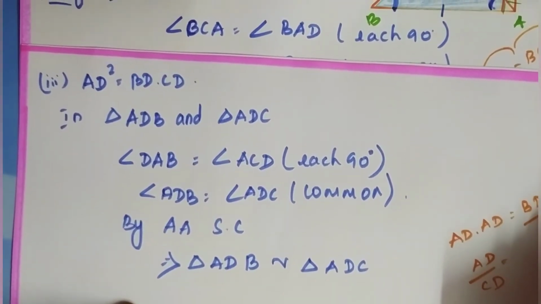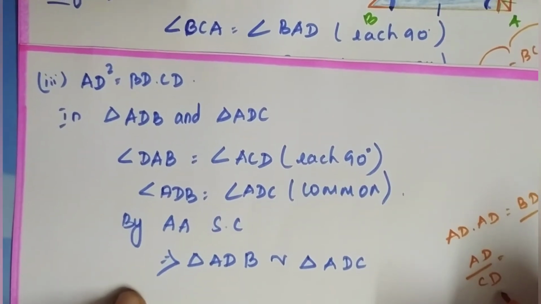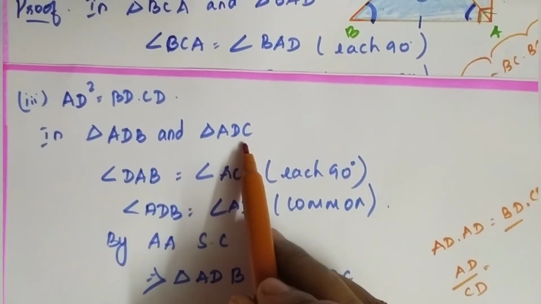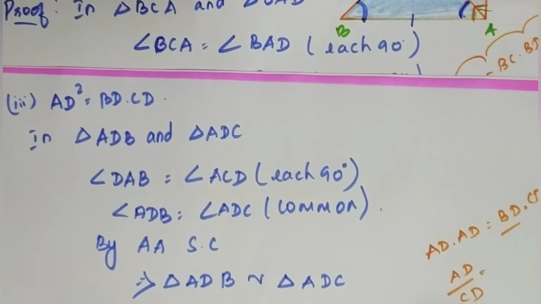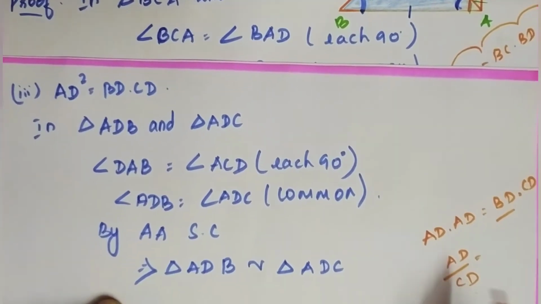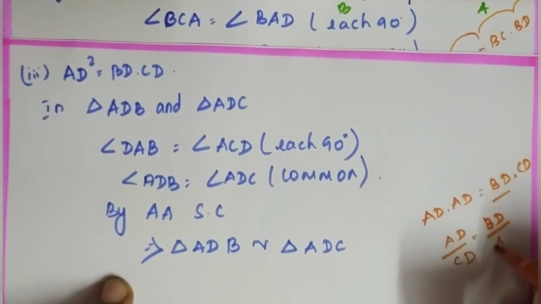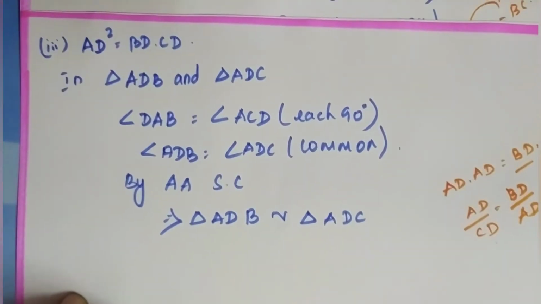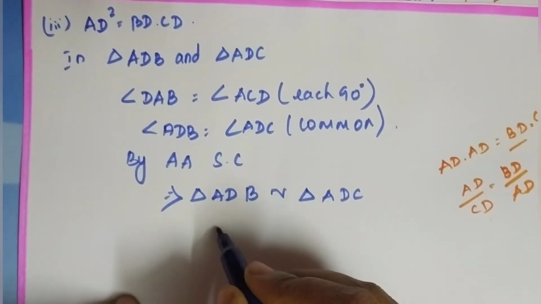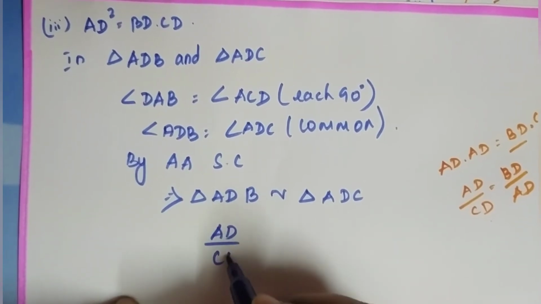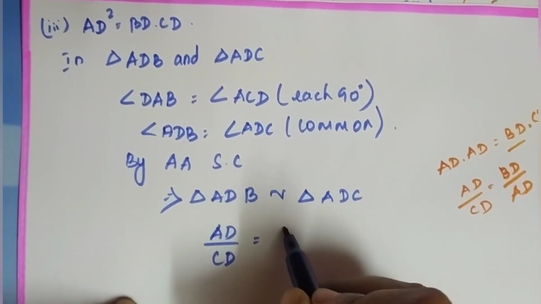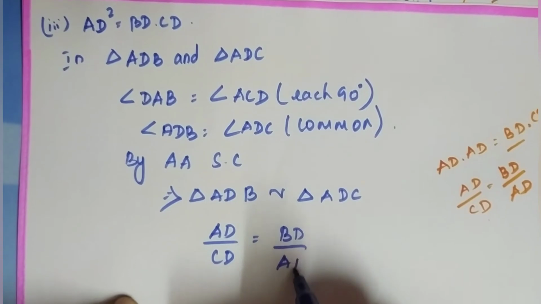CD is the second triangle side, so I am writing here. Next, BD divided by AD. AD divided by CD is equal to BD divided by AD.